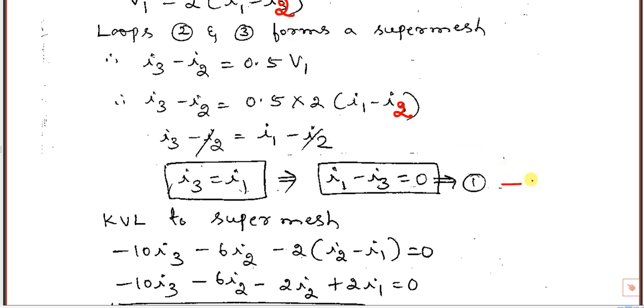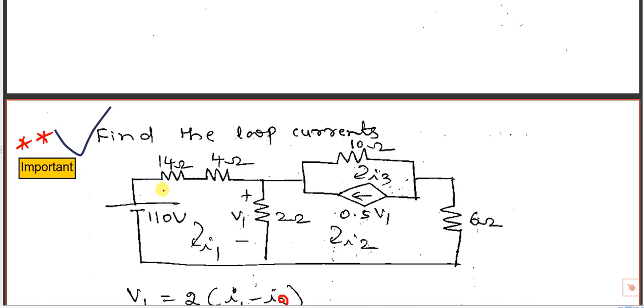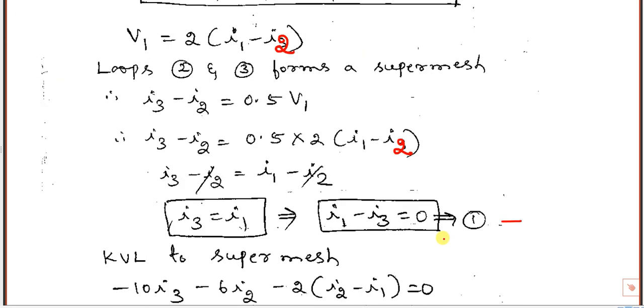So 3 equations are required, and equation number 1 is over. Apply KVL for the super mesh. The super mesh is this. Plus to minus, plus to minus. Here you have to write I3, here you have to write I2, then I3.